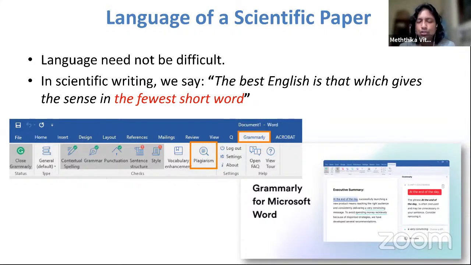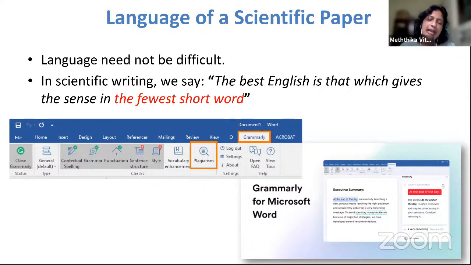When you install Grammarly, it will automatically correct your grammar and spelling. Even when you write an email, it will automatically correct your grammar and spelling, right? So have Grammarly installed on your computer. It's free.